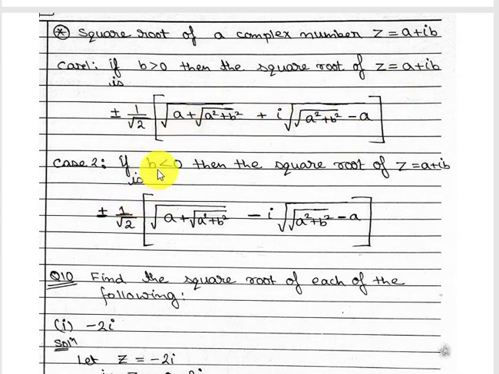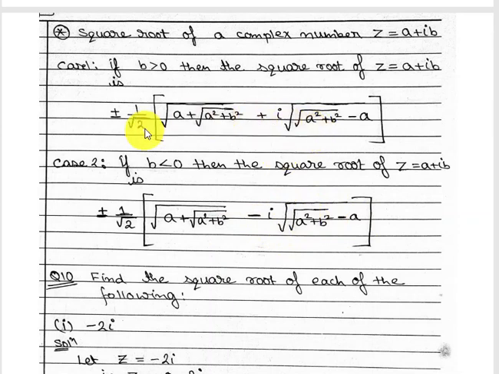The next case is b less than 0. If you have a complex number where the b part is less than 0, the root will be given by this formula: plus minus 1 upon square root of 2, and in the whole bracket you write square root of a plus square root of a square plus b square, minus i, and again inside the square root, a square plus b square minus a.